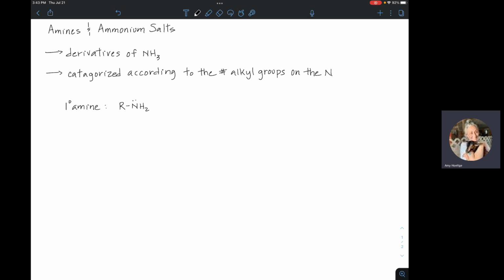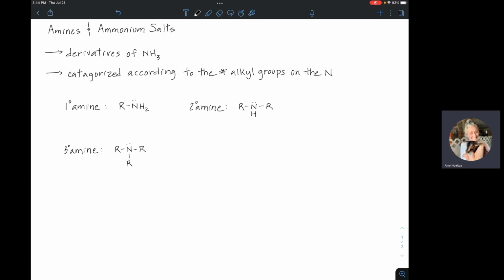A secondary amine will have two R groups bonded directly to the nitrogen, and then a hydrogen and a lone pair. A tertiary amine, you probably guess, will have three R groups directly bonded to the nitrogen, and then the lone pair.